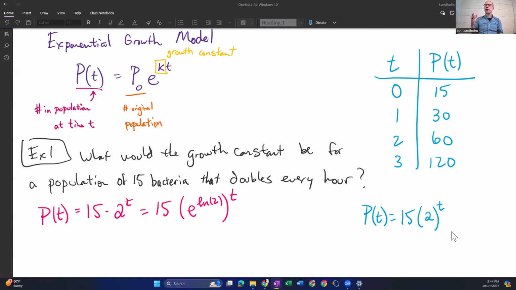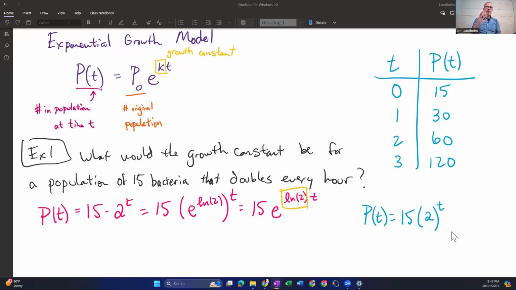e to the ln of 2 is still 2 because e and the natural log are inverse functions. But when we write it this way, we can write it probably more plainly as e to the ln of 2 times t up in the exponent. And then we see that our growth constant in this case is the natural log of 2.